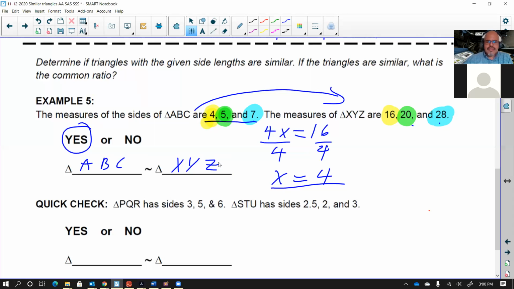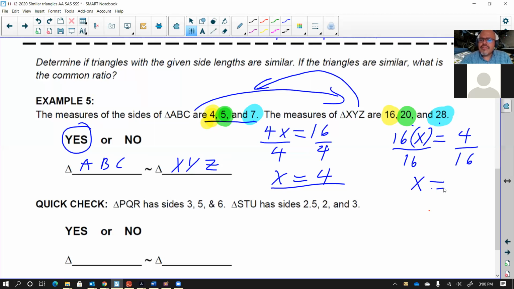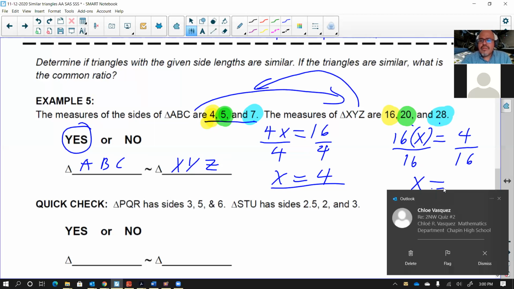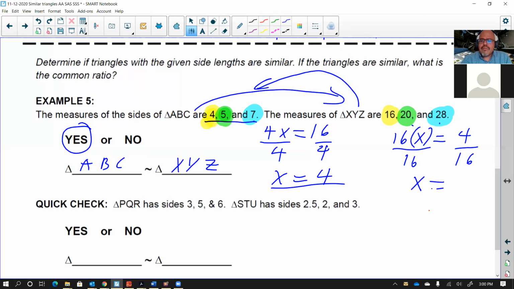Just remember, the common ratio of triangle XYZ to triangle ABC, we're going to see what we're multiplying 16 by in order to get 4. So your scale factor, or the common ratio, is going to be 1/4, which happens to be the reciprocal of the other one that we just got.